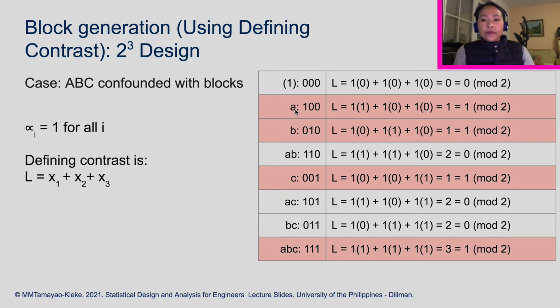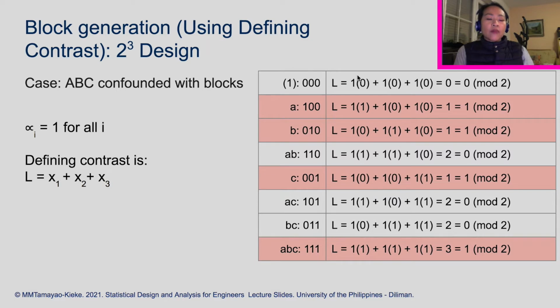A is represented by 1, 0, 0 because this treatment combination corresponds to that combination where we have a high level of A and low levels of B and C. Thus 1, 0, 0. And then B would be 0, 1, 0, denoting that we have high level of B and low levels of A and C, and so on.